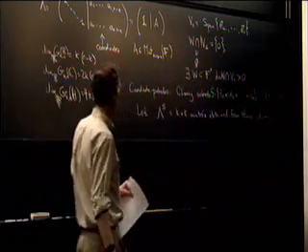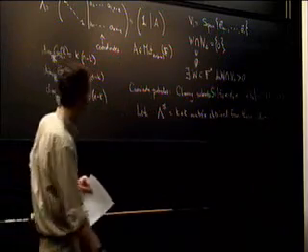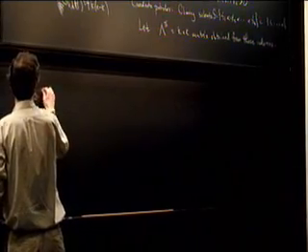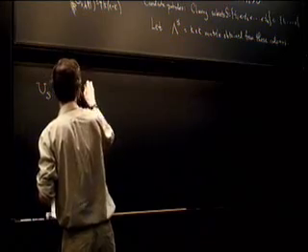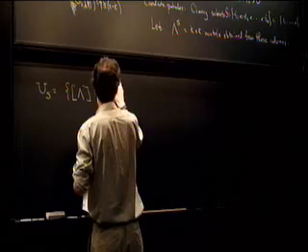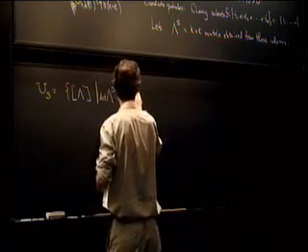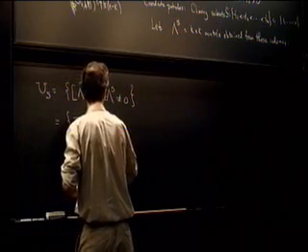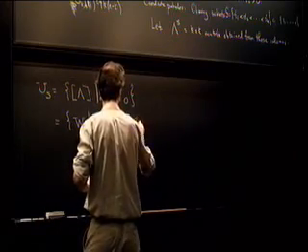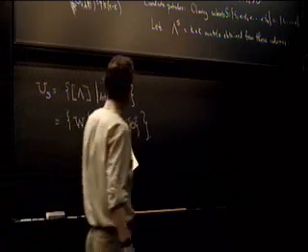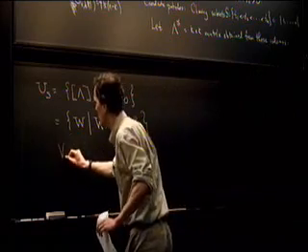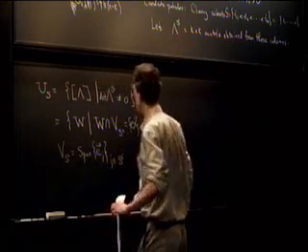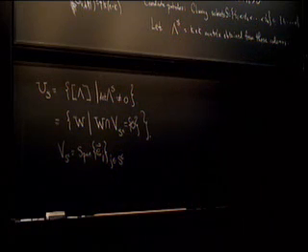In other words, to a tuple of type S, I take the k columns corresponding to these integers I_1 through I_k, and then I can define my coordinate patch, U sub S, by the set of vector spaces spanned by lambda, where lambda upper S has non-zero determinant, which is the same as the set of vector spaces W, such that W intersect V_S complement is the zero vector space, where V_S complement is the span of the vectors e_J, where J lives in the complementary set of n minus k integers. Okay?